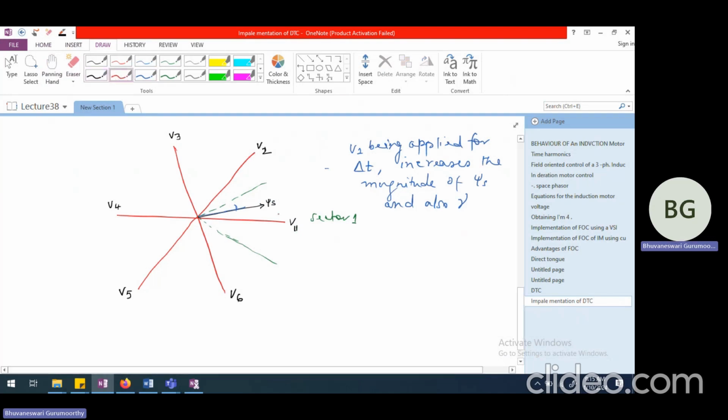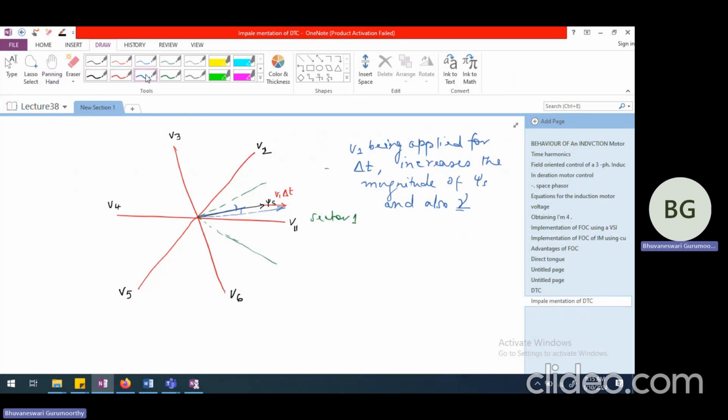Now, rather than that, let me look at the same psi s if I apply V1. So let us say I am applying V1. V1 is like this. This is V1 times delta T. If I apply V1 times delta T, I am going to have the resultant somewhat like this. The resultant gives me two things. One is the length is increased, but the angle is put backwards, that is, gamma becomes negative.